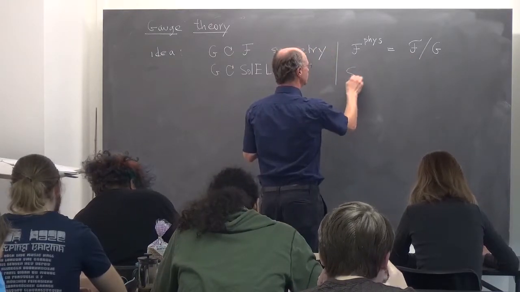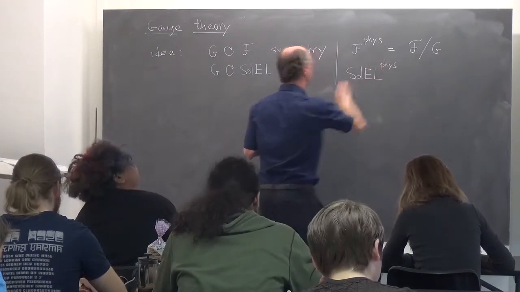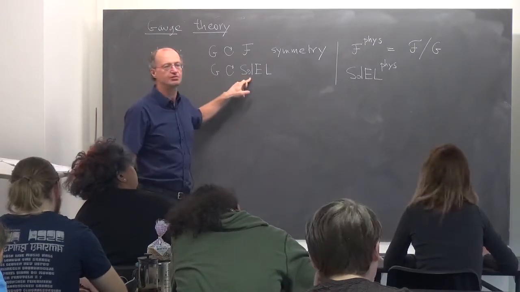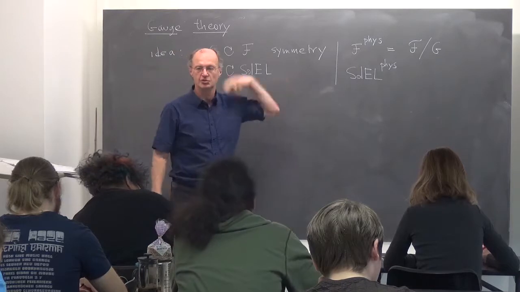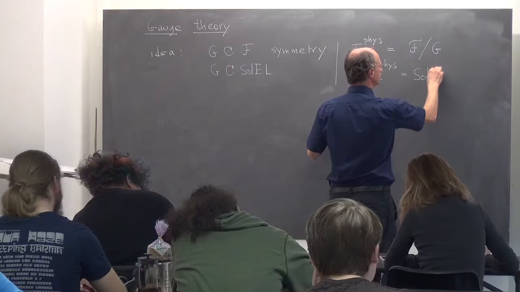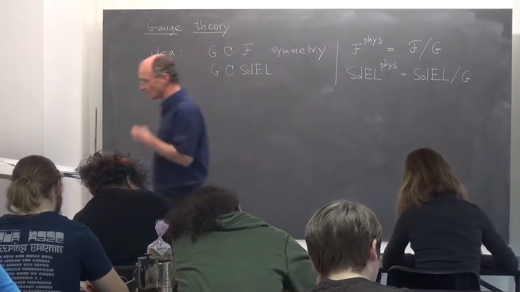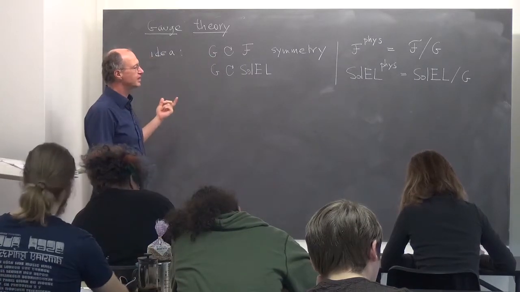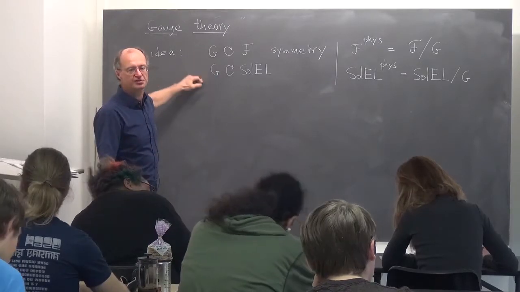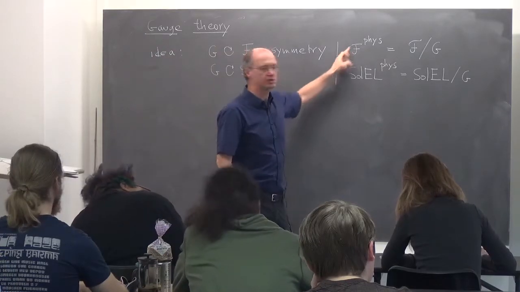The same thing, I would like to identify solutions of the Euler-Lagrange equation. I would like to identify points on SOE L which lie on the same orbit under the group action. So I would say that's the big philosophical difference between the discussion of symmetries as we did in the beginning of the course and the discussion of gauge symmetries.